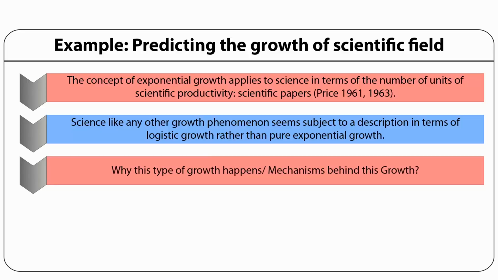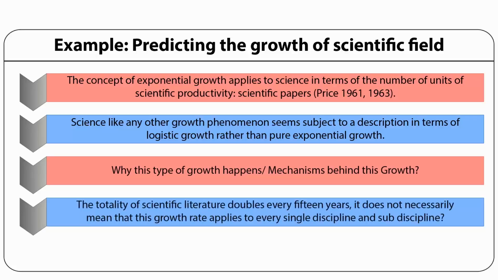The mechanism behind this type of growth was also postulated. That the totality of scientific literature doubles every 15 years was shown by studies by Price and other scholars based on research publication trends.